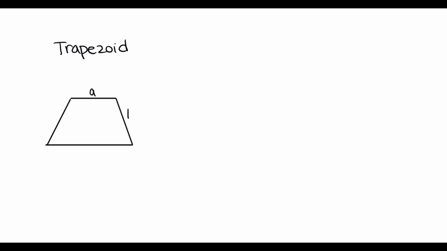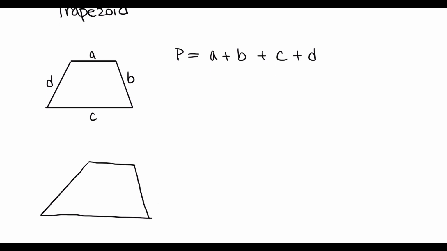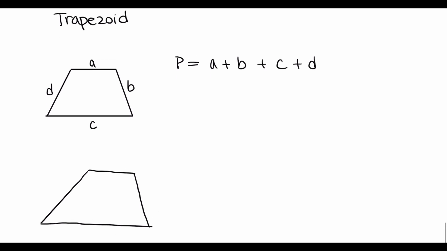We have A, B, C, and D. And we're saying the perimeter is equal to A plus B plus C plus D. Sometimes trapezoids have B and D sides that are the same length, while other times trapezoids have B and D sides that are different, like so. That's why it's important for each side to be added separately.